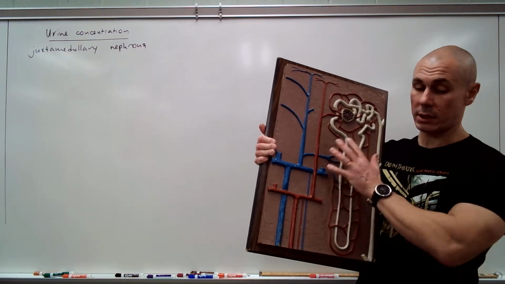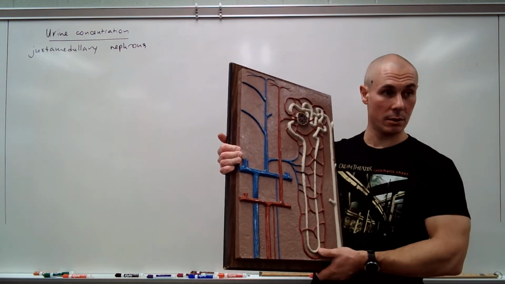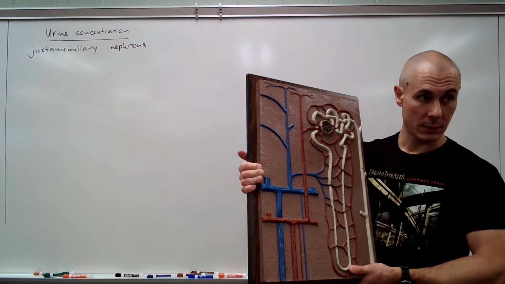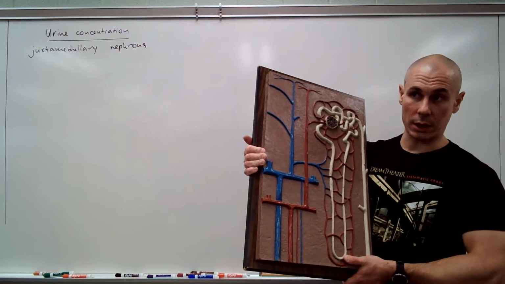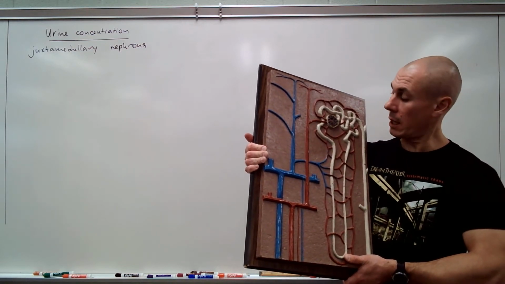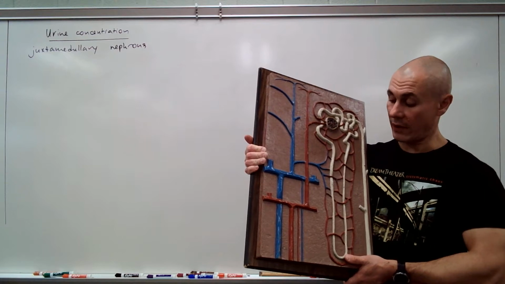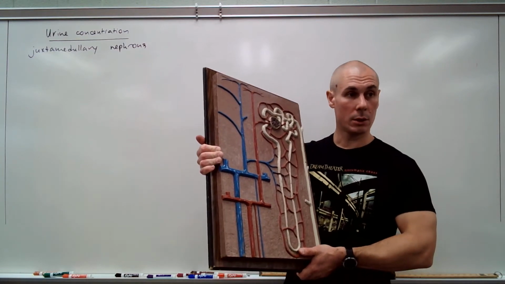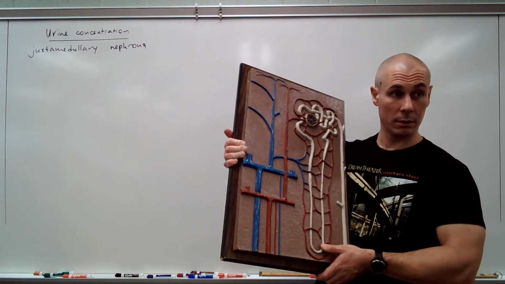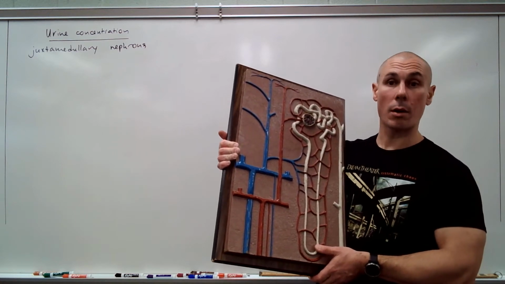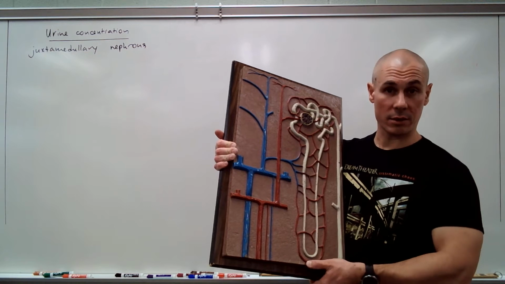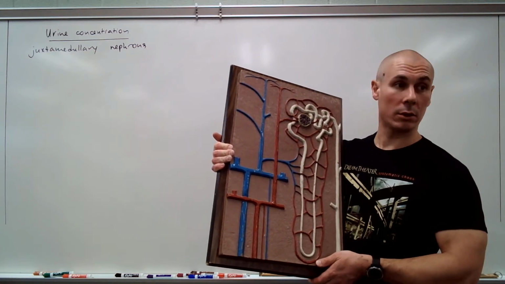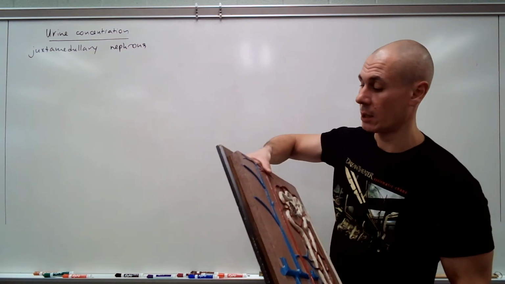So this whole system is called countercurrent exchange system, meaning that the filtrate and the blood go in sort of opposite ways, to some extent. We'll talk about it. So loop of Henle is called countercurrent multiplier. Vasa recta is called countercurrent exchanger.